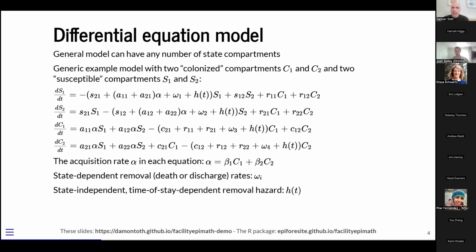I won't go through every parameter in here, but I just want to highlight a couple. First is the acquisition rate alpha, which appears in every equation.